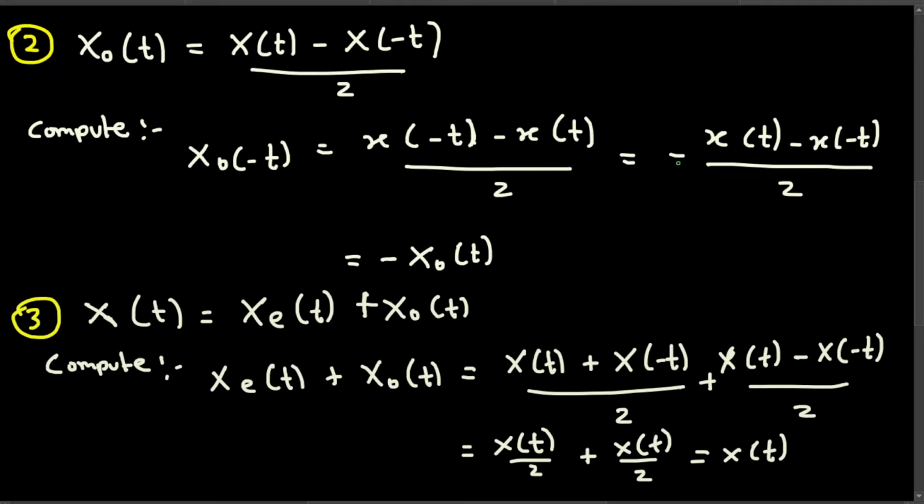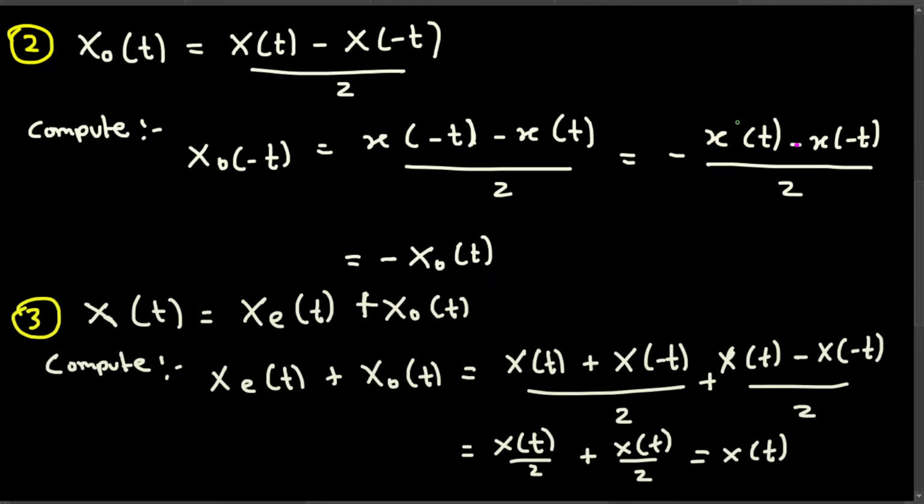Since I take the negative common right here, so when you take the common, you can put a negative here. The reason is negative plus, so that's the reason we take it as a common. This is not just belong to minus x of t, this is common. So this become x of t minus x of minus t divided by 2.